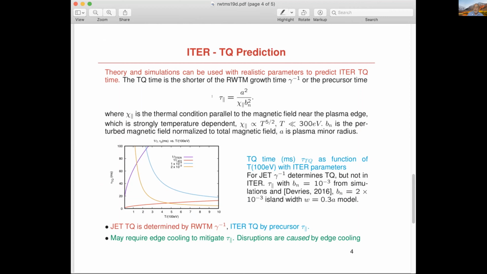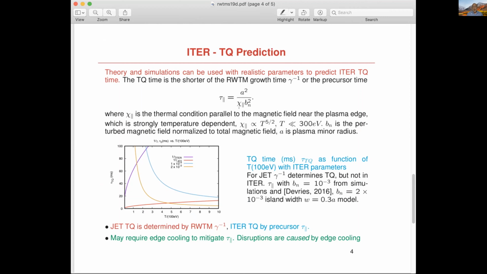The magnetic field becomes stochastic, and there's transport along that perturbed magnetic field. This is a well-known effect. I can calculate this, and also compare it with the growth time of the mode.